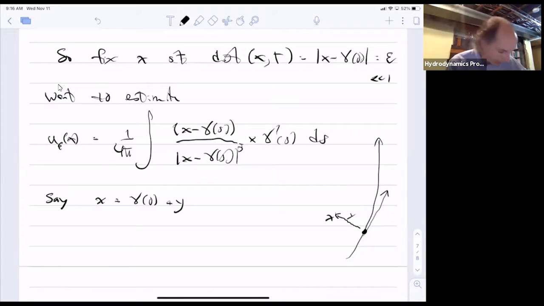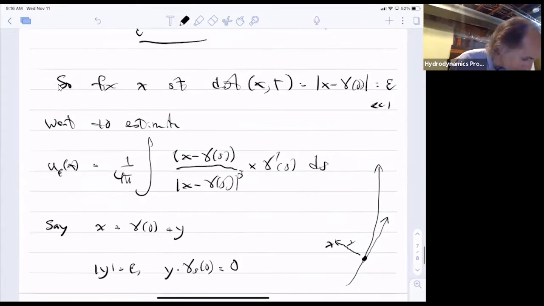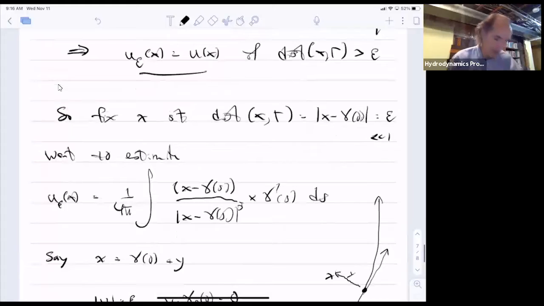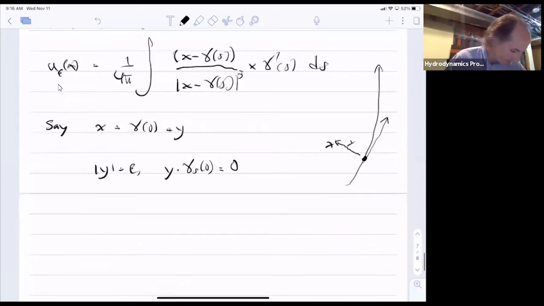I call that vector y. So y is a vector of length epsilon, and y is orthogonal to the tangent here. I should have said before, I always assume that I have an arc length parameterization of the curve. So the magnitude of gamma sub s, the Euclidean norm, is always equal to 1.